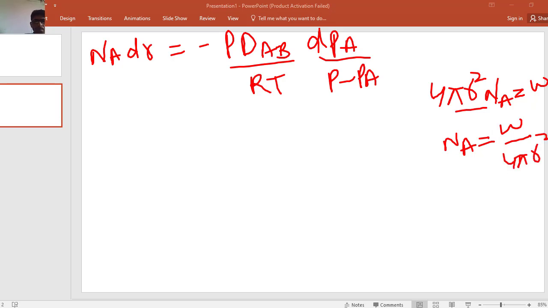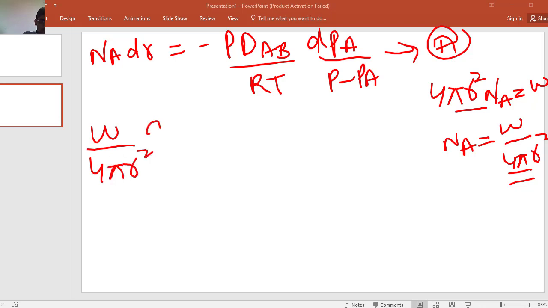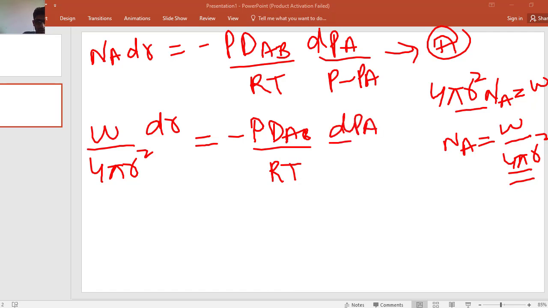Put this in the equation, suppose this is equation A. So W divided by 4 pi r square dr is equal to minus P DAB by RT, dPA divided by P minus PA.